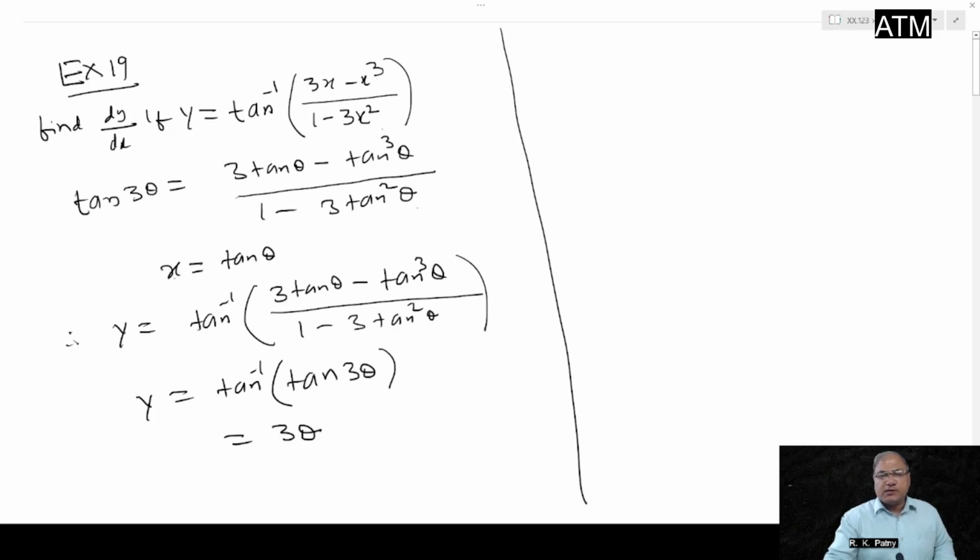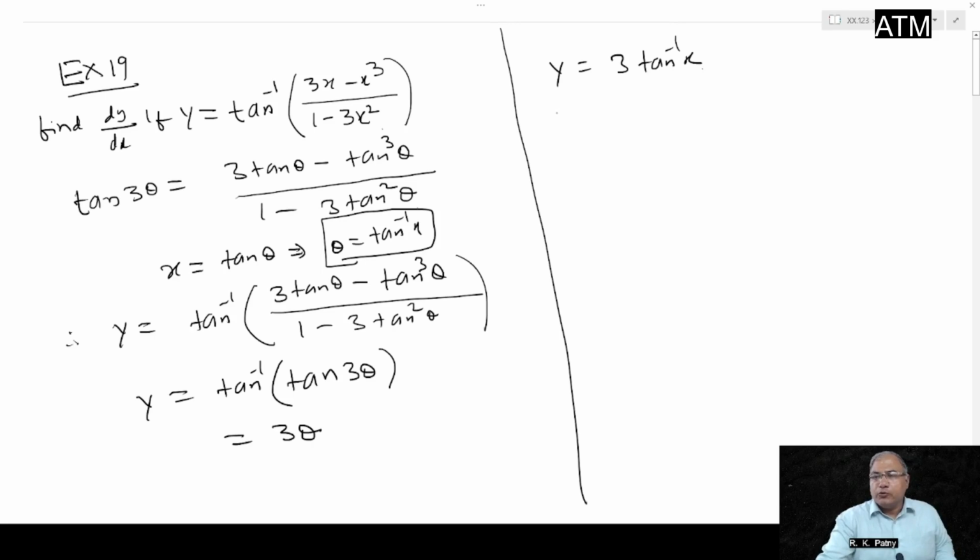Now what was x? x equals tan theta, implies theta equals tan inverse x. We are going to put back this value. Therefore y equals 3 tan inverse of x. Till now we have not done any derivative. We just simplified by putting x equals tan theta.